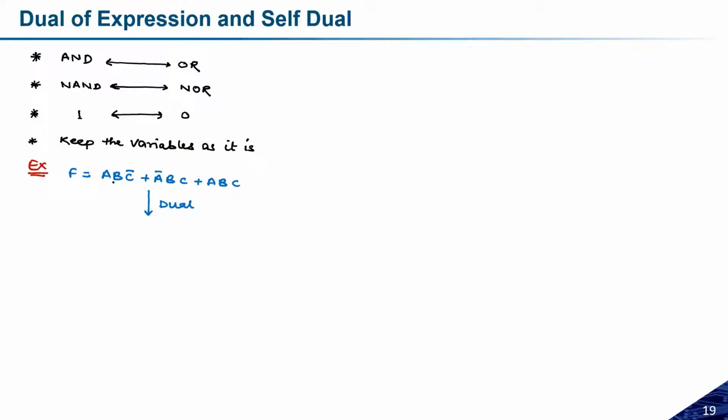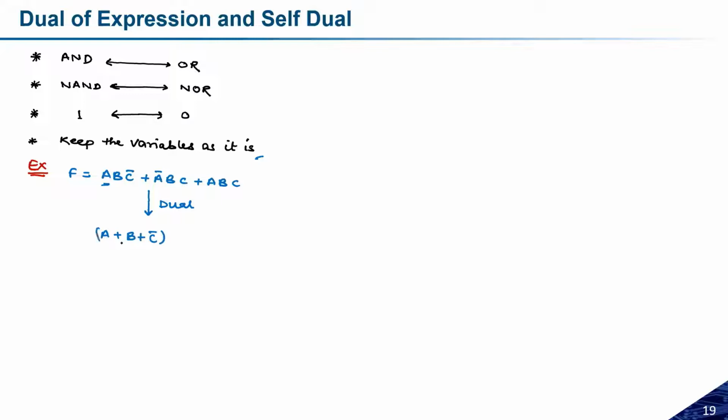Here, replace all the dot with plus and plus with dot. This is the first step. The last point is to keep the variable as it is. I have variable a, so I write it as it is, a. Here I had dot, so I write plus: a plus b plus c complement.